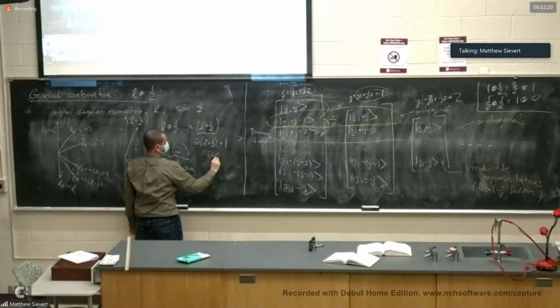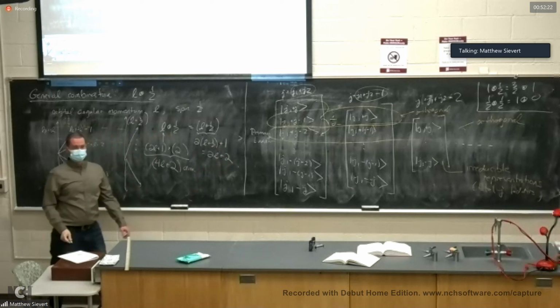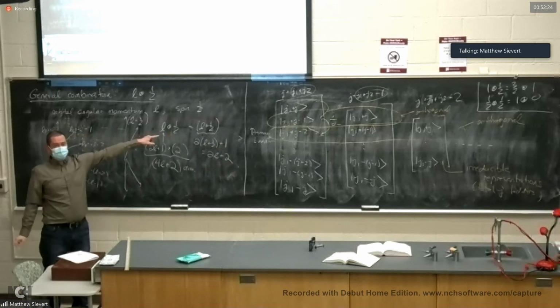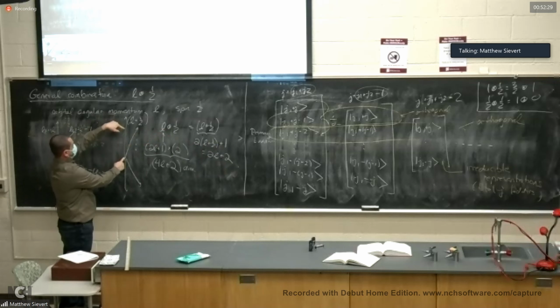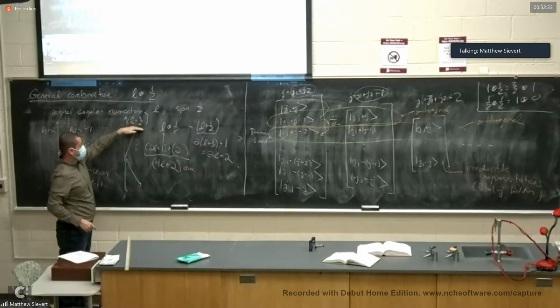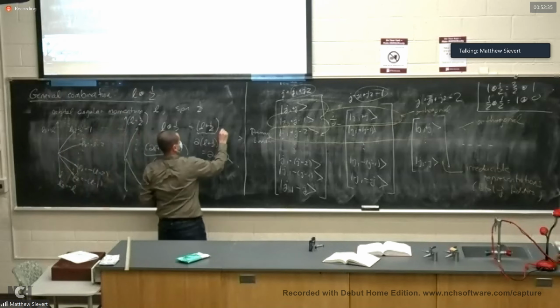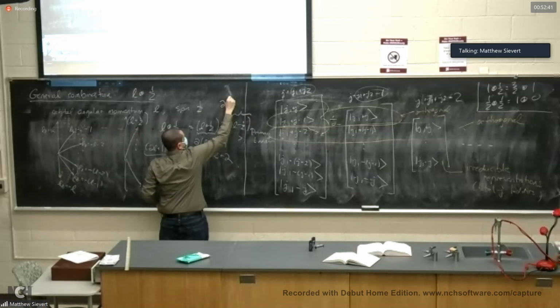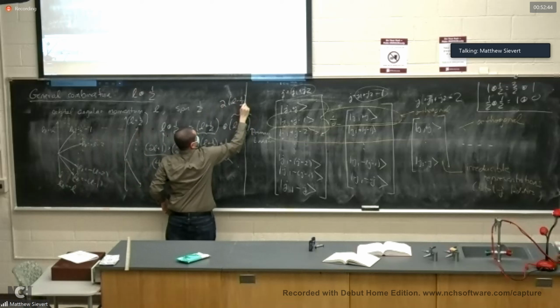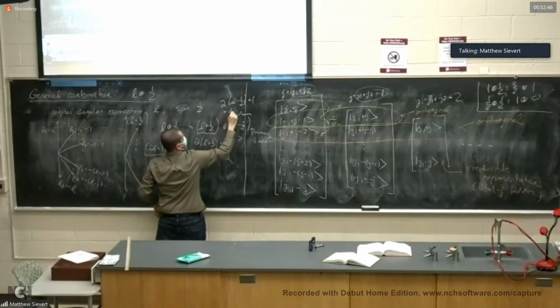So this is 2L plus 2 states. I also have a secondary ladder. That first ladder is L plus 1/2. The second ladder is L minus 1/2. That's made up of that same value of LZ, and it's orthogonal to this first one. The number of states in this ladder is 2 times L minus 1/2 plus 1, and that's 2L.